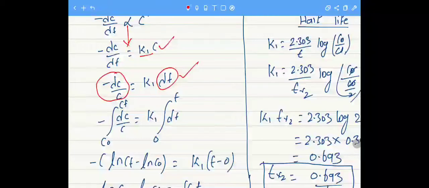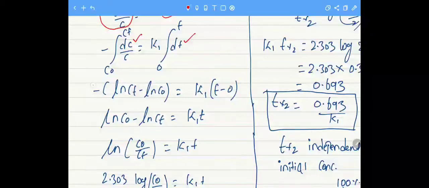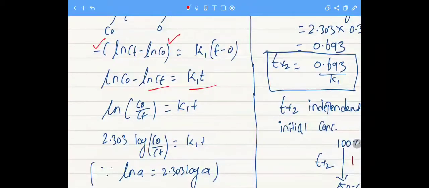Now integrate the differential factors. The differential factor is dc by c and dt. If you integrate them, you will end up getting natural log Ct minus natural log C naught equals minus k1 times t minus 0. If you multiply the negative sign through this equation, you will get natural log C naught minus natural log Ct equals kt.